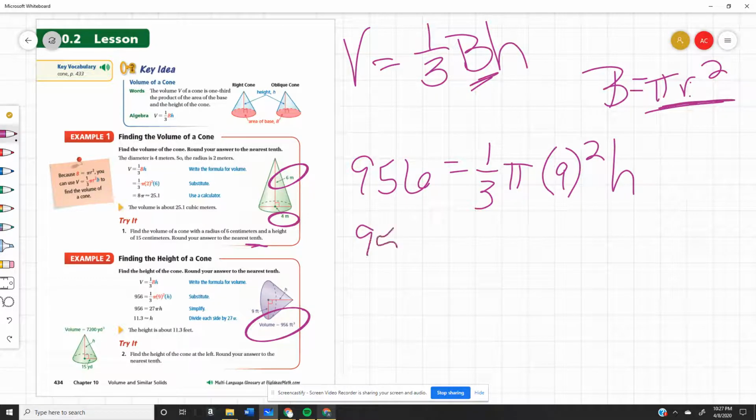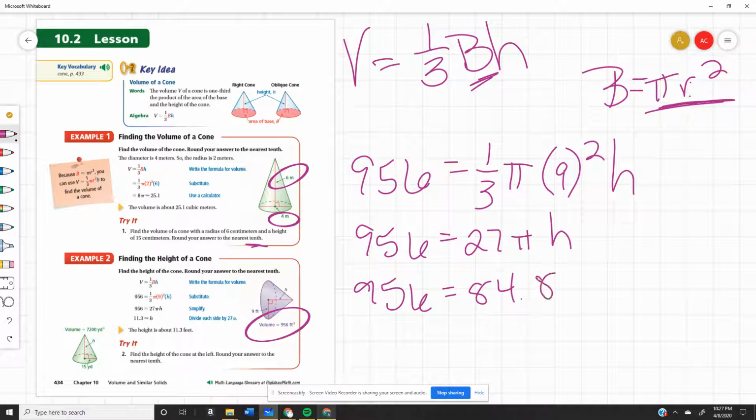So I would have 956 is equal to 27 pi h. Okay, that's where that comes from. And then I would do 27 times pi, and I'm going to get 84.8. So 956 is equal to 84.8 times h, and then I would divide.